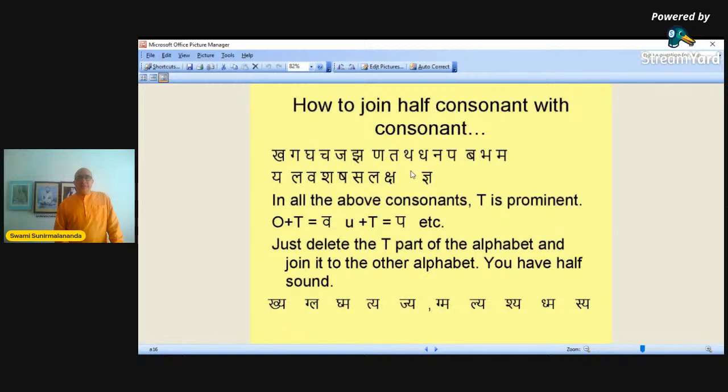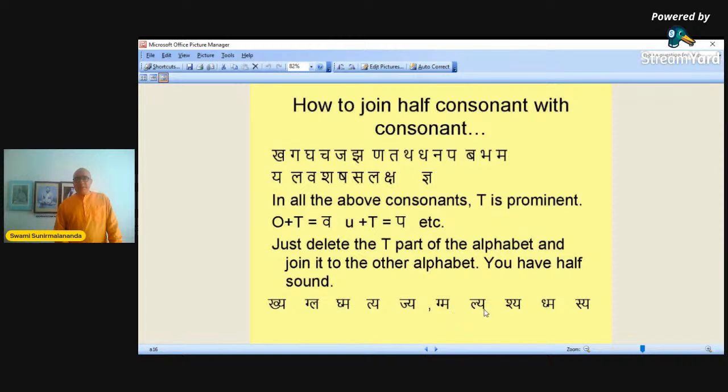There is this letter T. Remove the T part and add Ya. There is the letter Ja. Half of Ja is just eliminating T and it becomes Ja. Gma. Ga and Ma together, but it should be pronounced as Gma. How? Half of Ga, the English T part is removed, it becomes Ma.